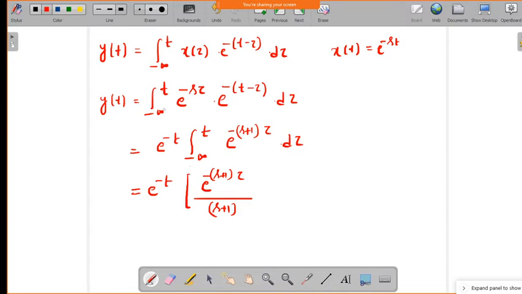Is it fine? So it is e power minus s tau, and here it is e power plus tau. If we expand that, I can write this as e power minus t into e power minus s tau into e power tau.